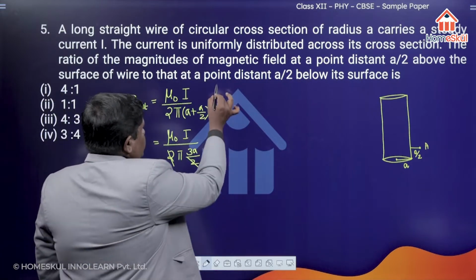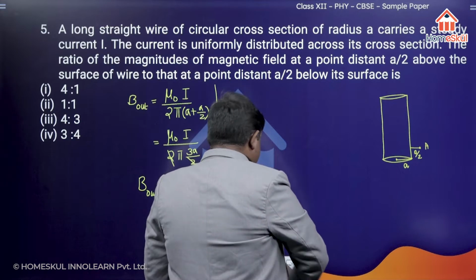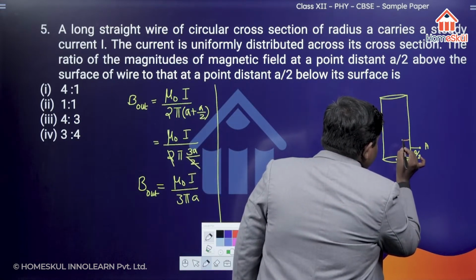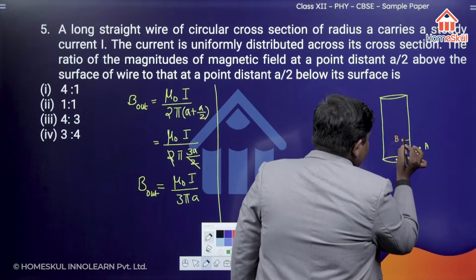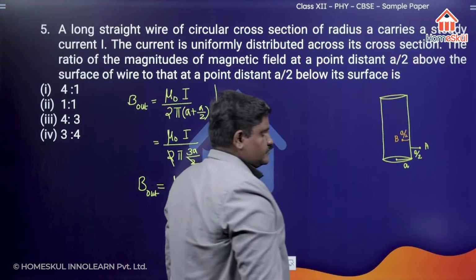Next is the interior. Inside, we have to take the distance. This one is point B, at A by 2.